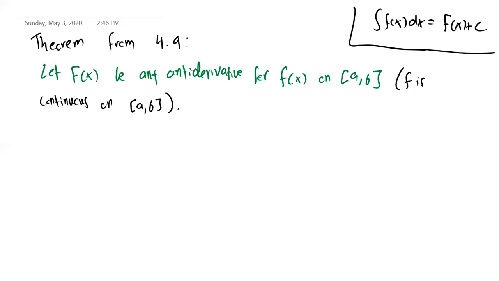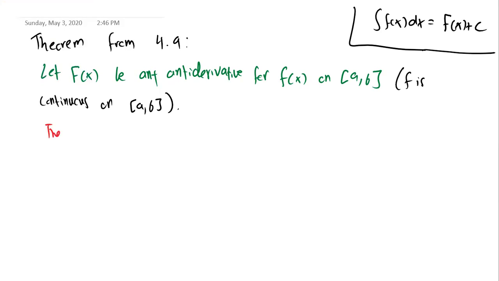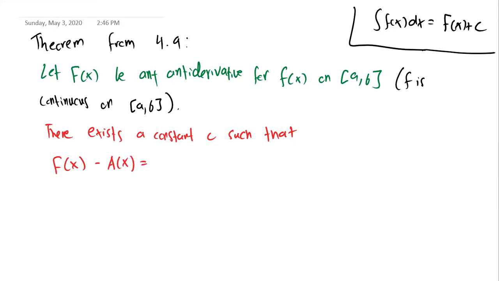Then by the previous theorem, again, we know that any two antiderivatives differ by a constant, right? So what can we conclude? Well, we know that there exists some constant c such that, by using that theorem, F of x minus A of x equals c.